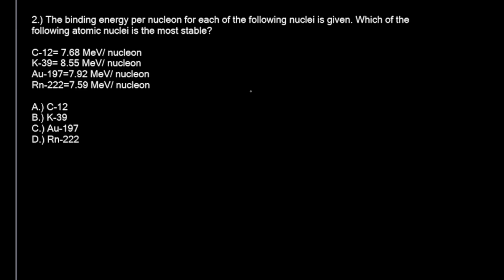Mega electron volts are just another unit of energy. Just like how joules is a unit of energy, mega electron volts is also another unit of energy. So this question is asking for the most stable nucleus. Which one do you think is the most stable nucleus? Take a minute and think about this question.